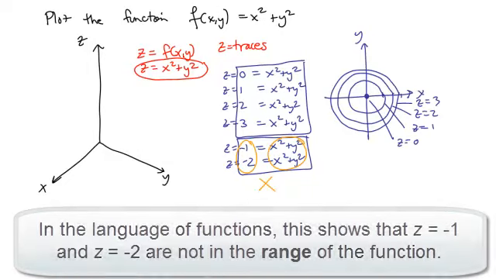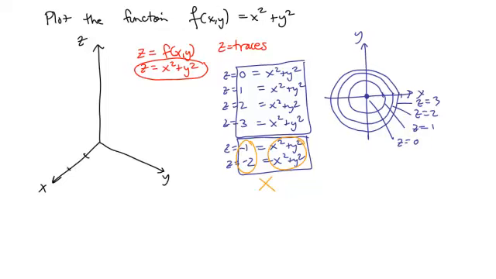So let me do my best to try to draw these shapes at their relative heights. In the xy plane, at the very, very bottom, I'm supposed to draw a single point. At height z equals 1, I'm supposed to draw a circle of radius 1. So I'll go up to height 1, I'll go out 1 unit, and then I'll attempt to draw a circle centered around the z-axis of radius 1.